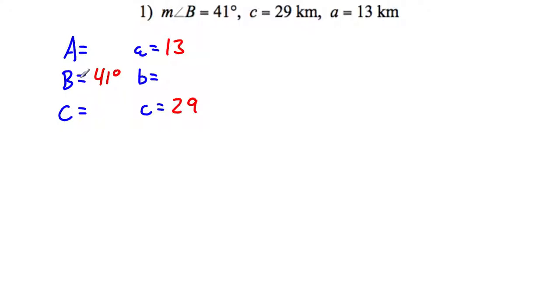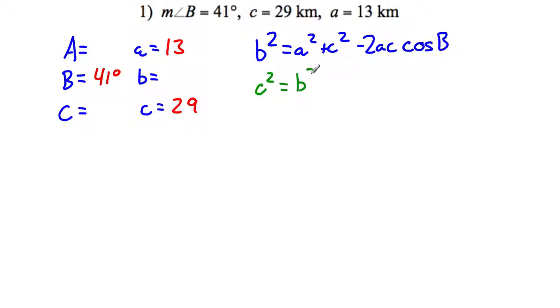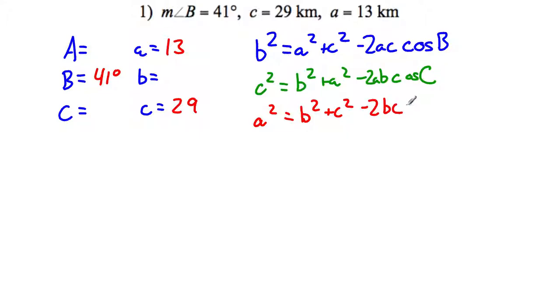Well, here, the only angle I'm given is B. So the formula I'm going to use is b squared equals a squared plus c squared minus 2ac times cosine of B. The other two formulas I could use are c squared equals b squared plus a squared minus 2ab cosine of C, or a squared equals b squared plus c squared minus 2bc cosine of A.